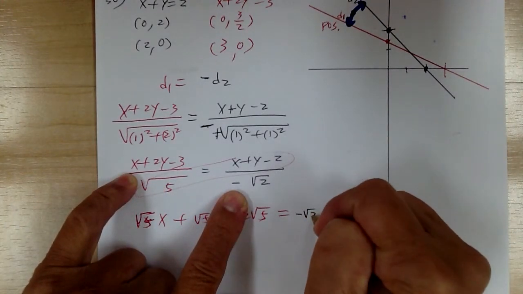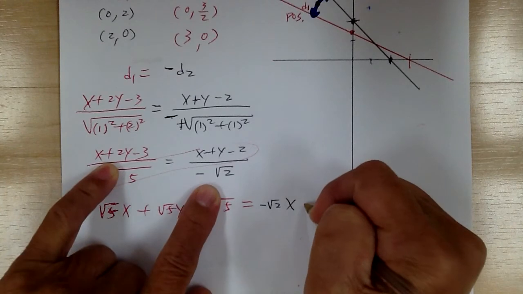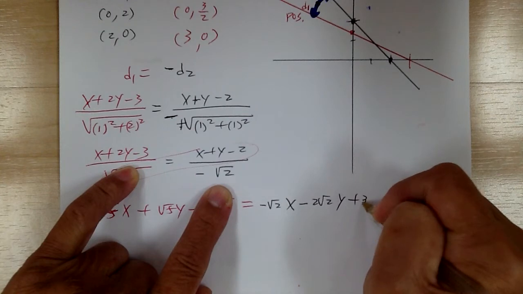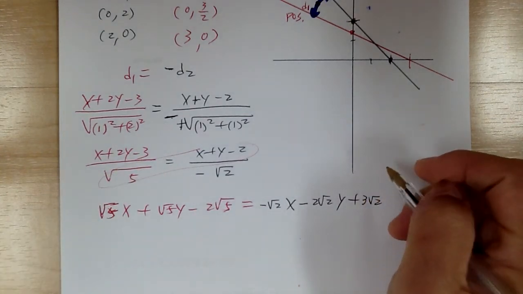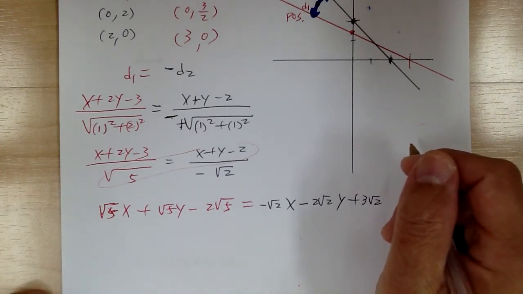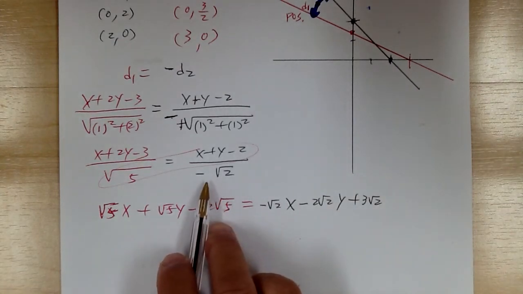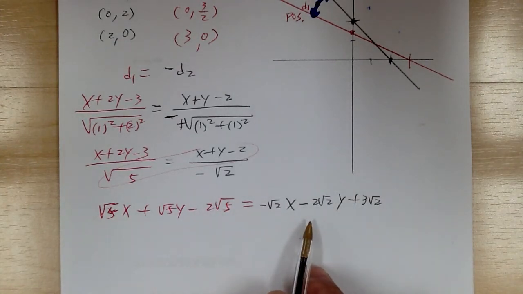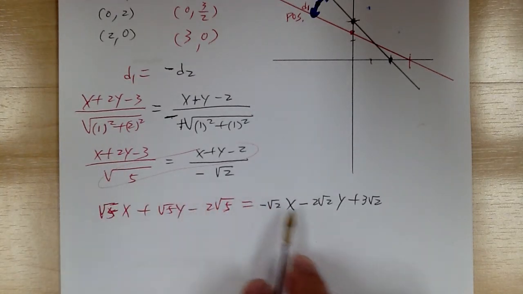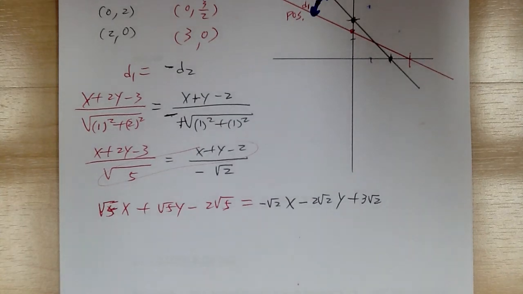I get minus square root of 2x minus 2 square root of 2y plus 3 square root of 2. Okay, just double check, make sure all the signs are correct. So negative, negative, okay, and positive.